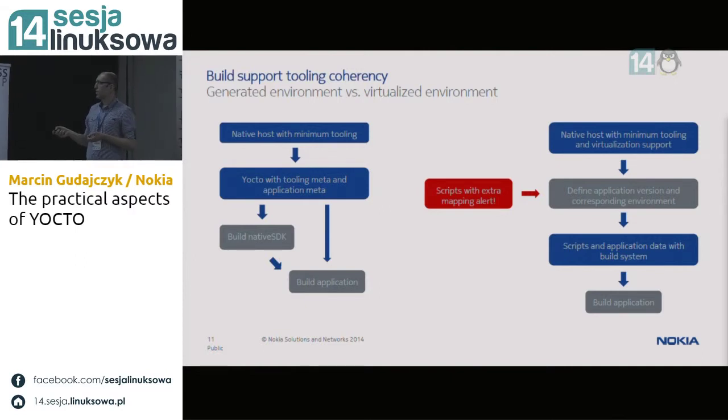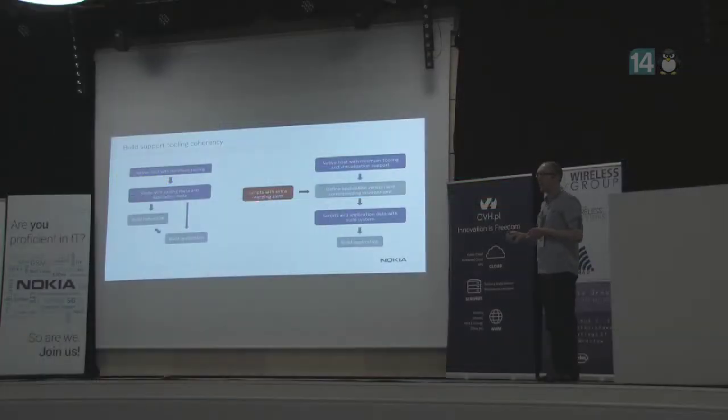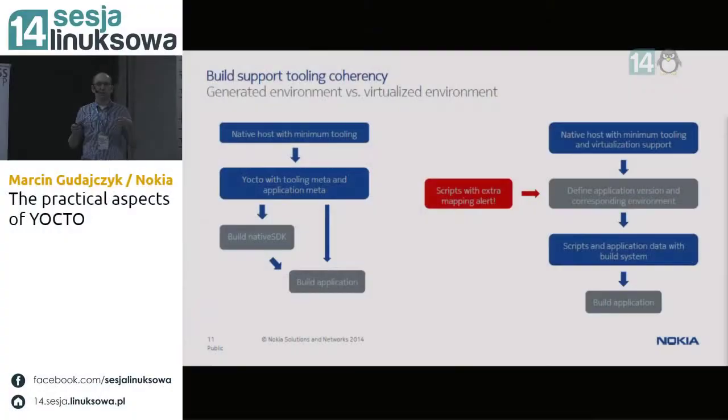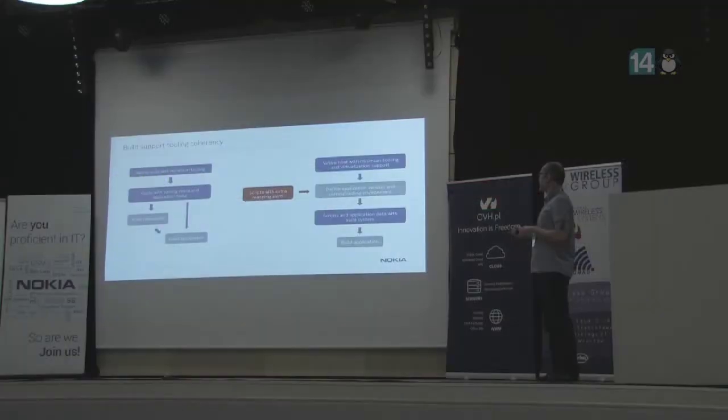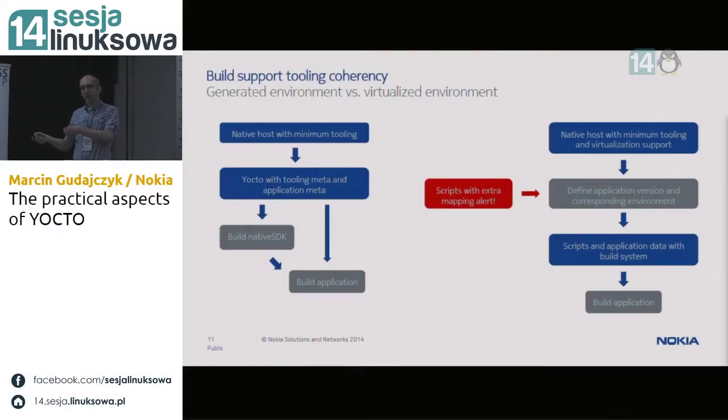So this is the warning that comes here, the word mapping. It's like a hate word. Mapping is always bad. You will have to maintain some kind of mapping to be aware in which image version, in which environment version, the application is guaranteed to be built properly. And this not only comes with the backward compatibility break.